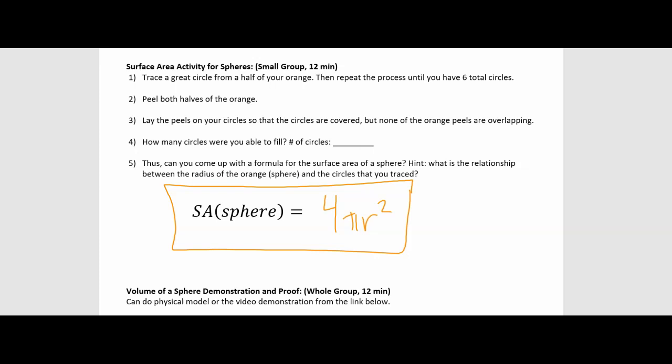The radius is being squared for surface area. You'll see that when we do the volume equation for a sphere, the radius ends up being cubed. That's another giveaway about which is the surface area formula and which is the volume formula.